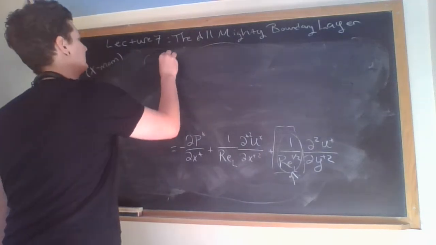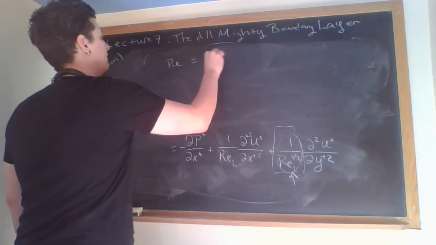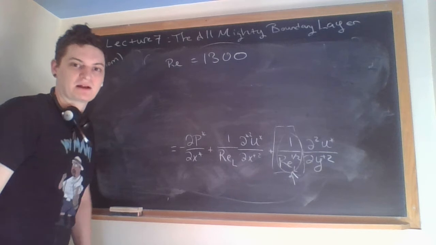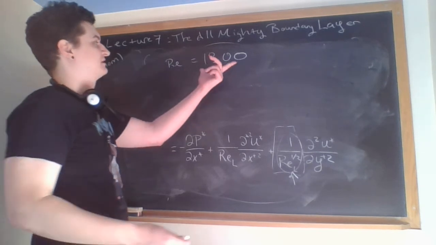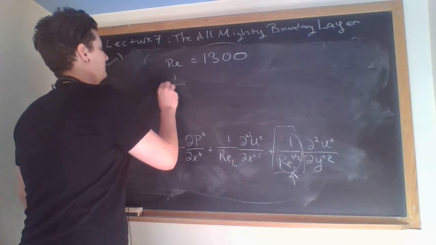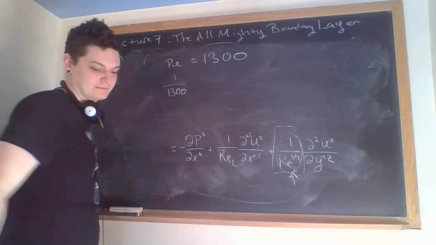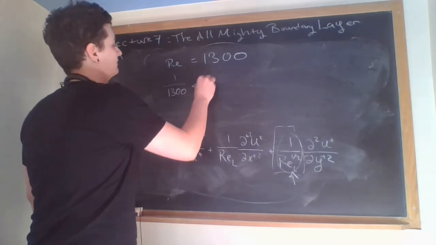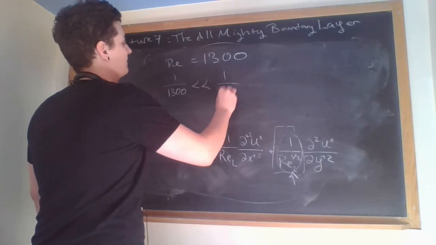One example is, say you have a Reynolds number this, it's still a fairly large number. This number is way smaller than this number.